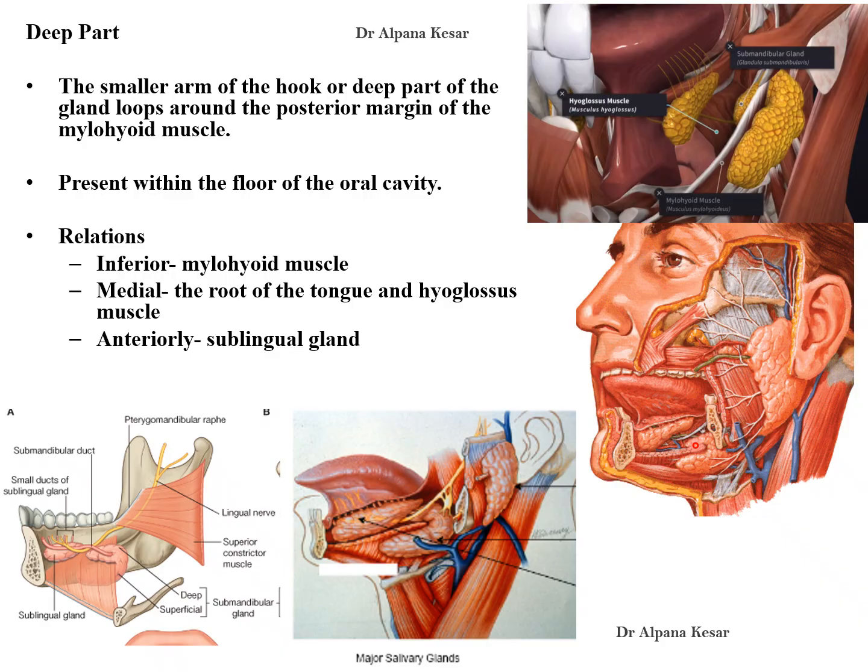The deep part lies on the superior surface, or the upper surface, of the mylohyoid muscle, in the floor of the mouth, along with the sublingual salivary gland. So, the deep part of the submandibular salivary gland and the sublingual salivary gland lie between the mylohyoid muscle below and the mucosa of the floor of the mouth above.